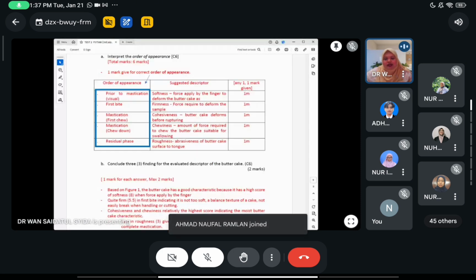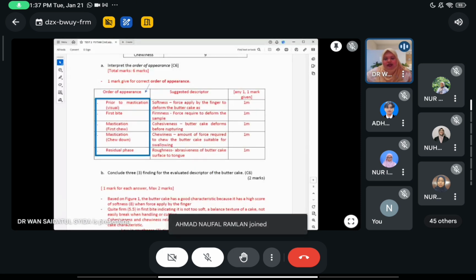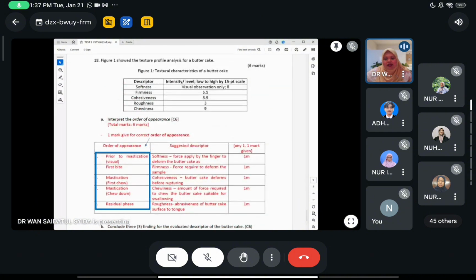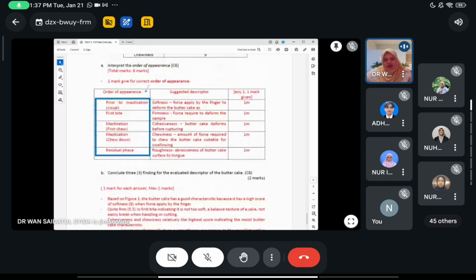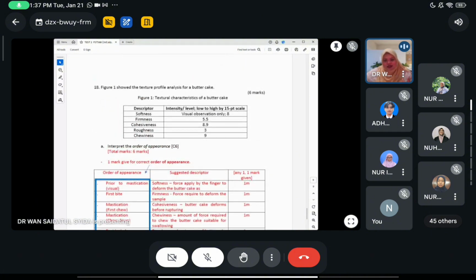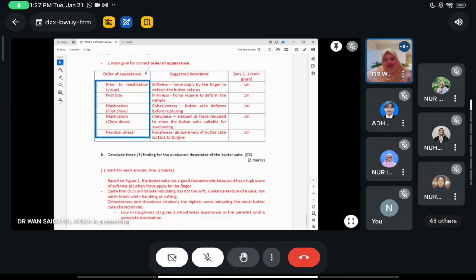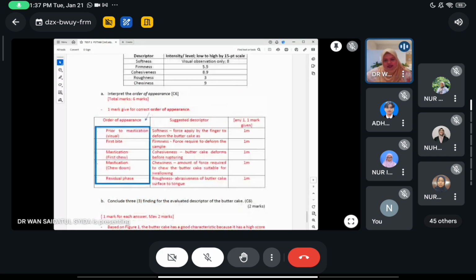Based on figure 1, the butter cake has good characteristics because it has a high score of softness. Softness is 8, and then quite firm. So you have to describe the results and interpret in this part of the question. Clear?